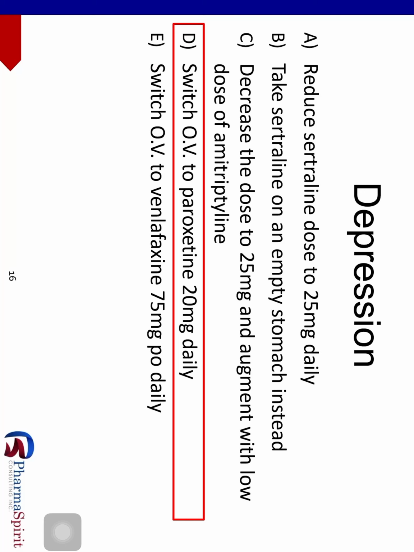For choice B, taking sertraline on an empty stomach is not recommended because actually food increases sertraline absorption by 40%. For choice C, augmentation is used when the patient has only partial response to the antidepressant drug, which you will see on the next slide.